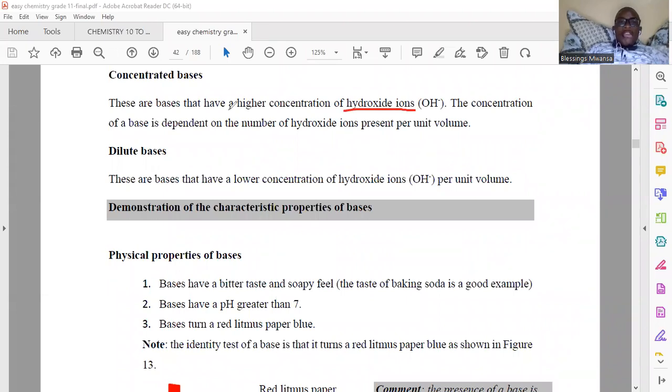So a base is concentrated when there is a higher concentration of hydroxide ions. A base is dilute when there is a lower concentration of hydroxide ions.